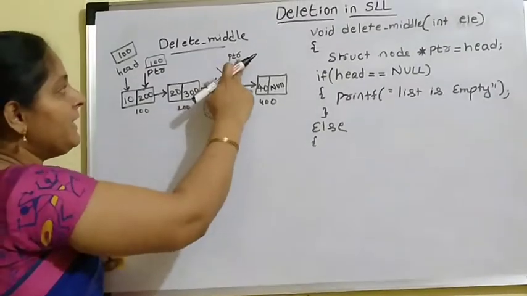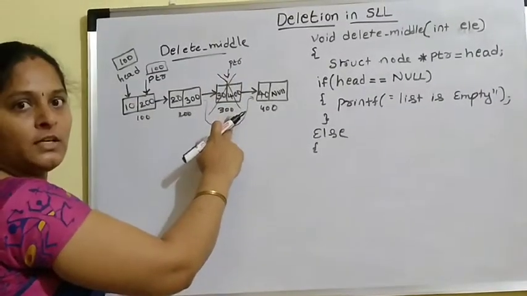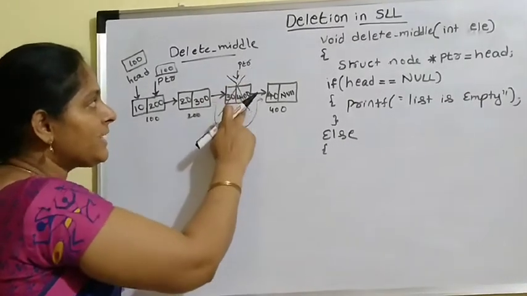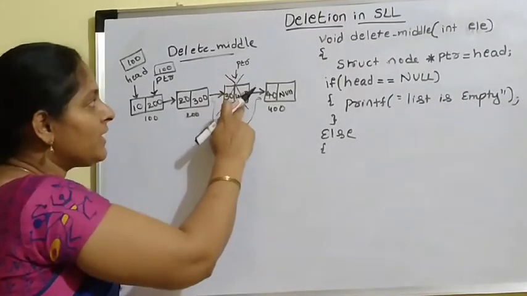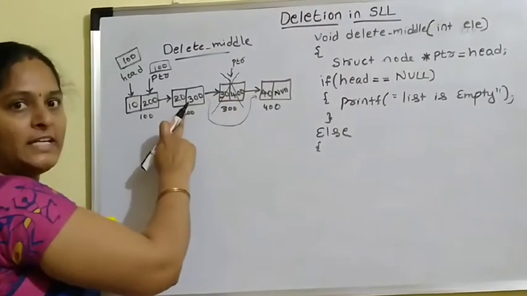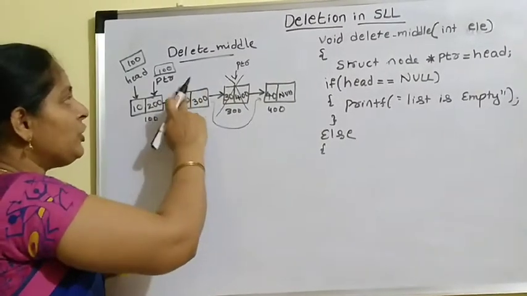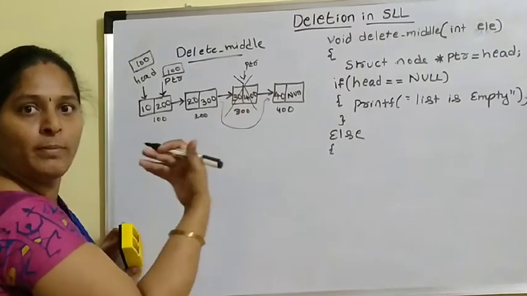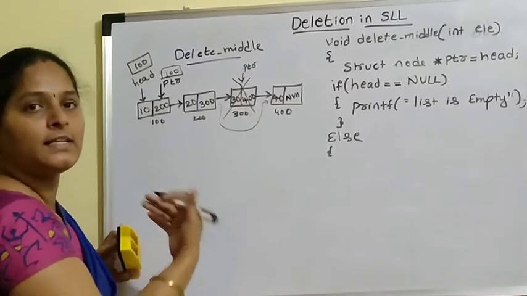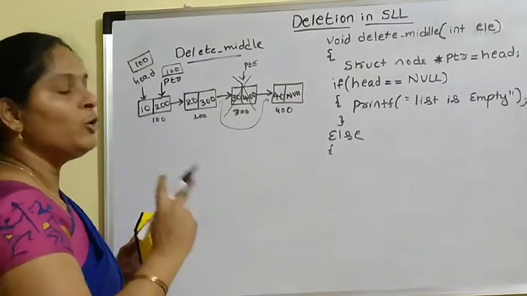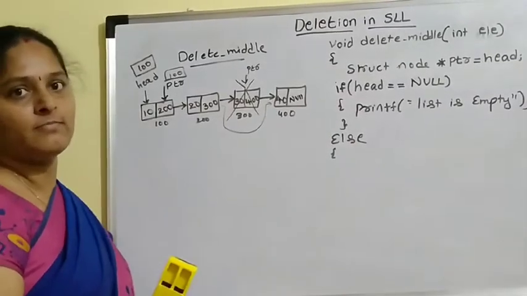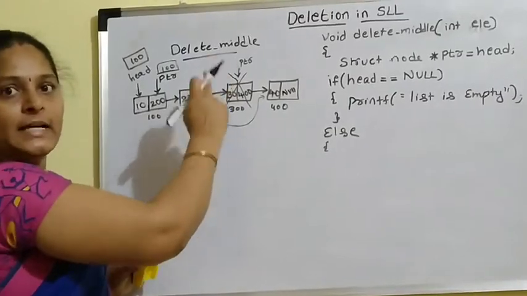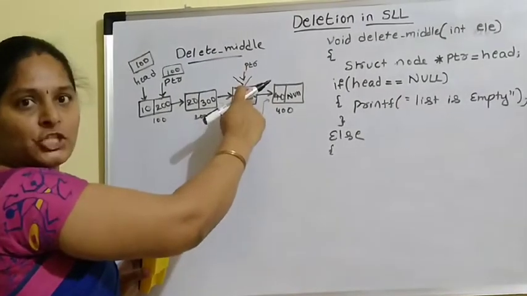If PTR is at the 30 position and you want to link 40, which is the PTR next node, with 20, there is no pointer pointing to 20. So we cannot go back in a single linked list. That is the reason we need to take two pointers: one pointer before the deleting element and the other pointer at the deleting element position.